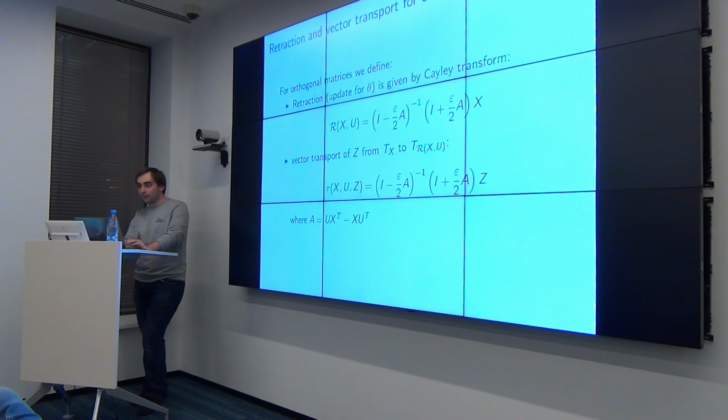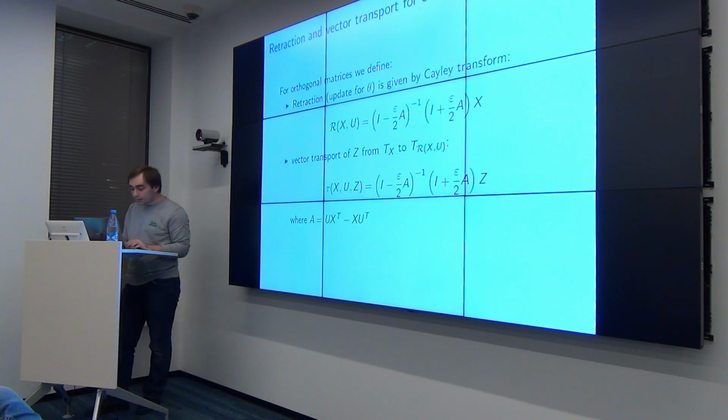And Z: we stand at the point X and we move along the vector U and we transport the vector Z, from T x to T of R of x, u. Usually U and Z are equal.